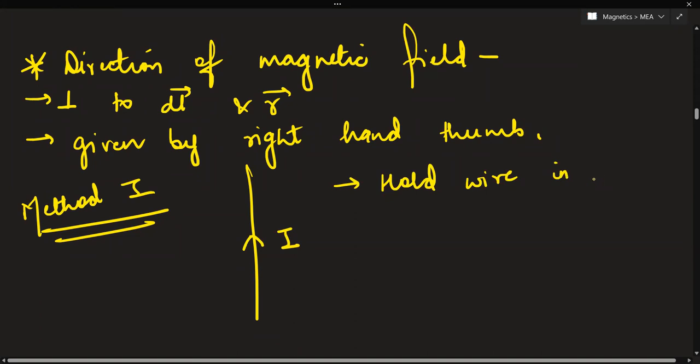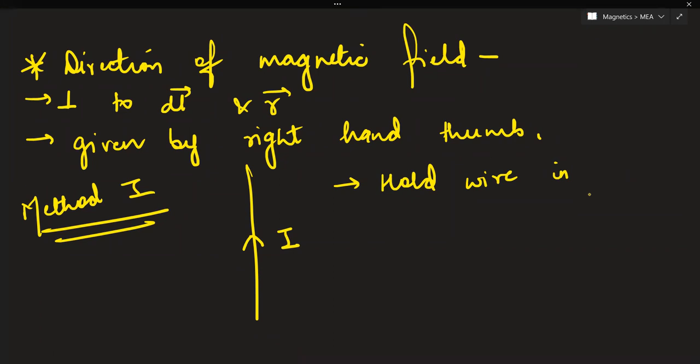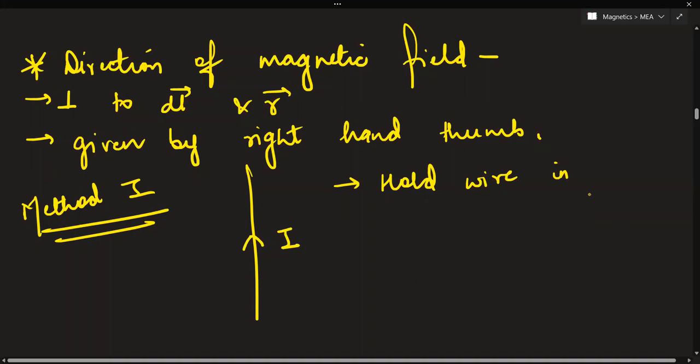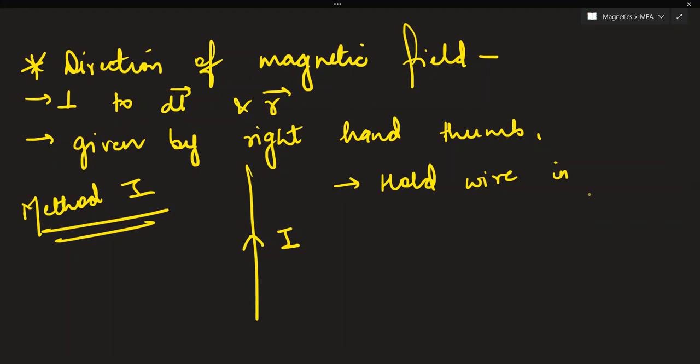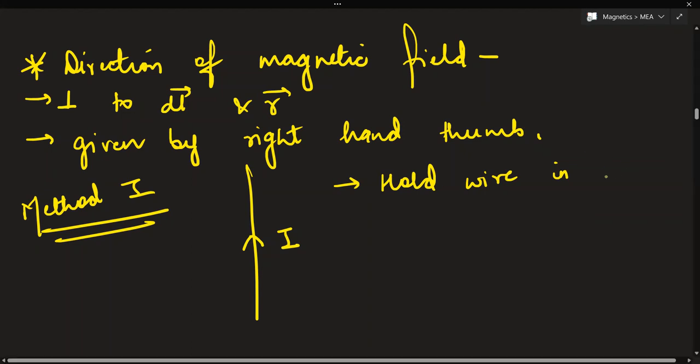Don't ever take your left hand for the right hand rule, because many times students are using their right hand for writing in examinations, and for the calculation of direction they use the left hand because it is free at that time, and apply the conditions for the right hand. So always be sure whether you are using your right hand or left hand. So hold the wire in the right hand.